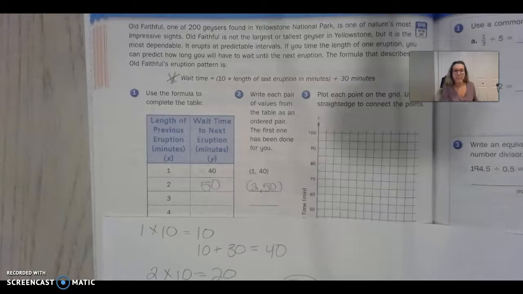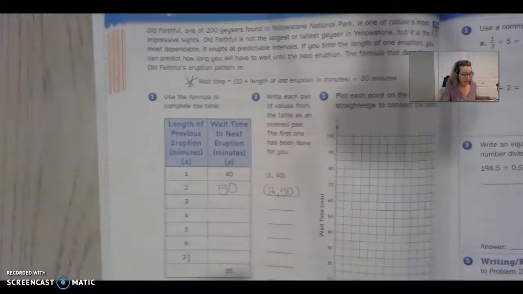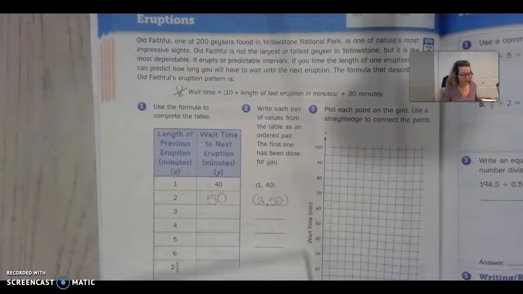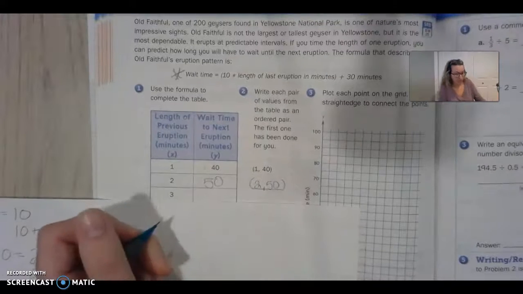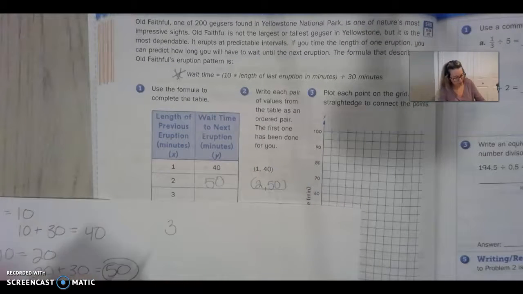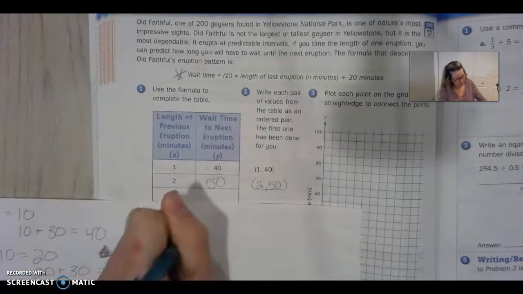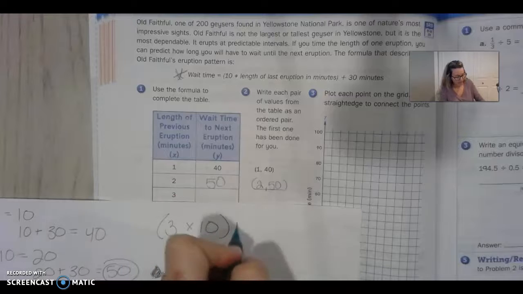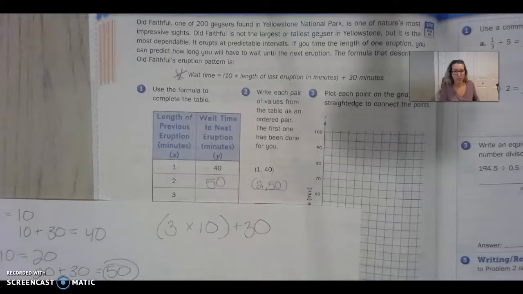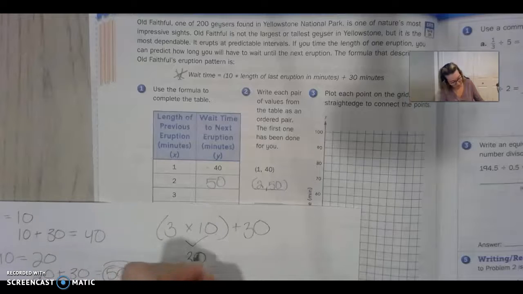I'm going to use order of operations to write this. So I start out with 3 minutes from the previous eruption. Now it says times 10, okay, and now I have to add 30 minutes. So this is another way that you can write it. 3 times 10, we know we do parentheses first, is equal to 30.